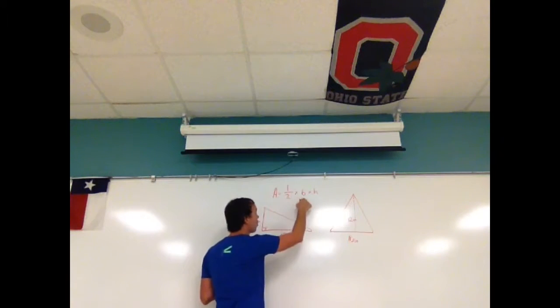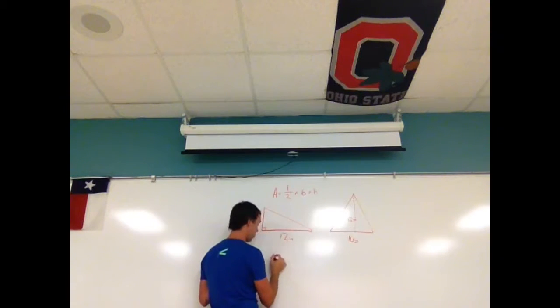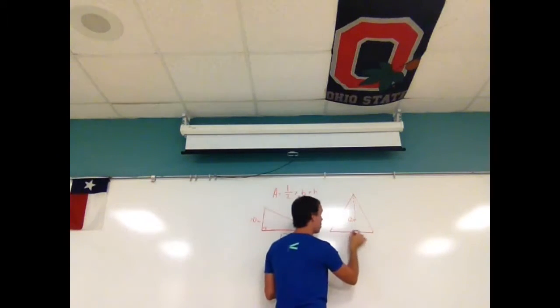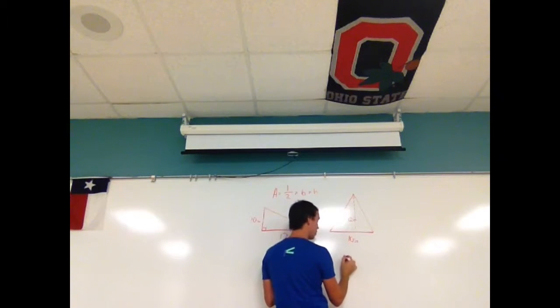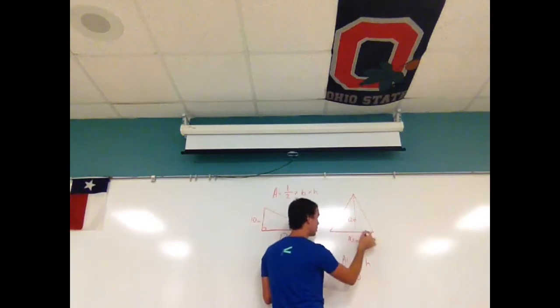Now, for this first part, we know the bottom part of this triangle is 12. So here I can say A equals base times height. We know that the base is going to be 12. Over here, I know that the bottom part of this is going to be 10. So A equals base times height. Base is going to be 10. The bottom of this triangle is 10.